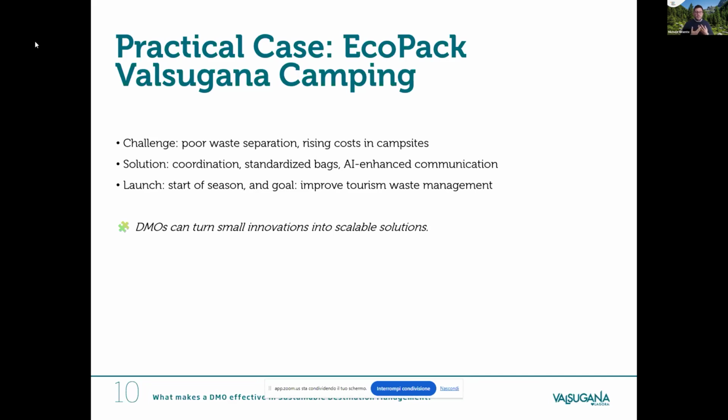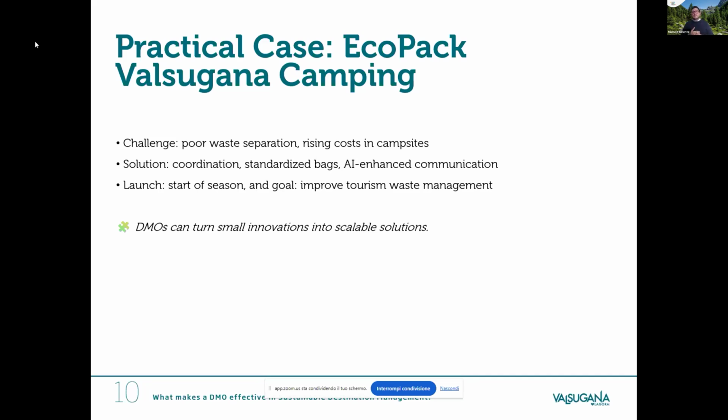The solution is coordination between tourism entities and local operators, and the implementation of standardized colored bags and use of AI for immersive and multilingual communication. The project will launch at the beginning of the season, aiming to improve waste management and sustainability in tourism.